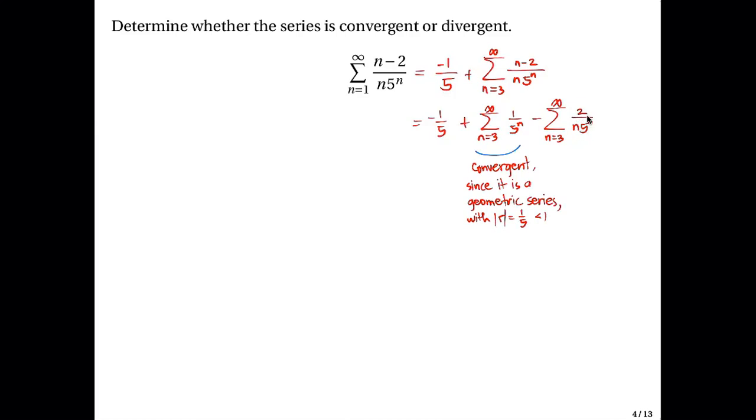But 1 over n times 5 to the n is this one already, just multiplied by 2, so it's still the same. You would still have to explain why it is convergent. So for 1 over n, the n is a polynomial, which is slow. So let's use the 5 to the n. Meaning, for this one here, we will consider 1 over 5 to the n, from 3 to plus infinity.